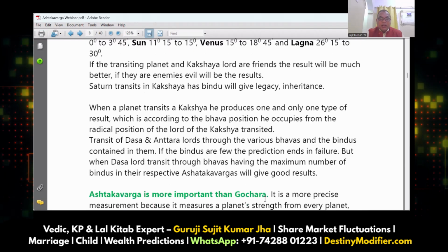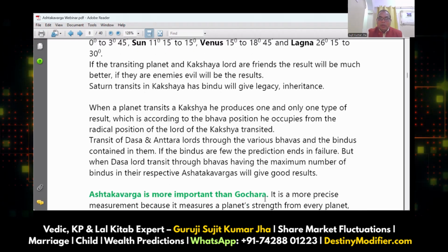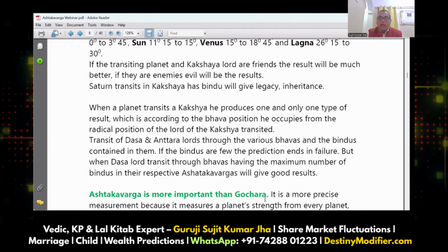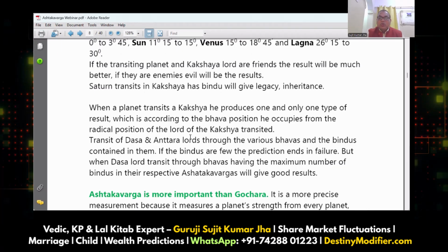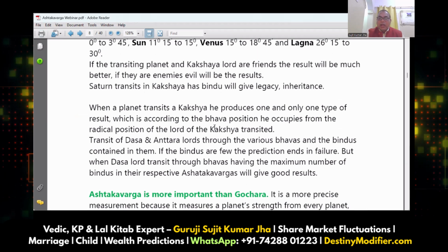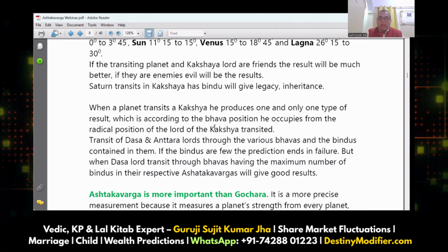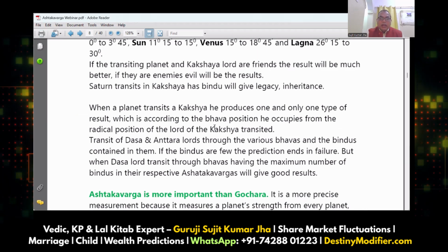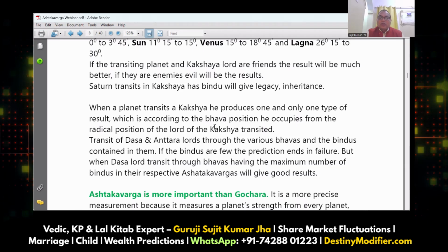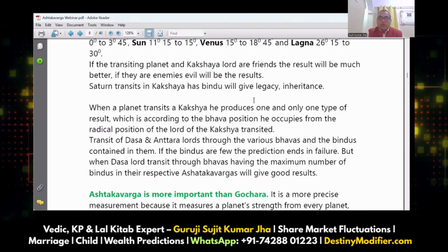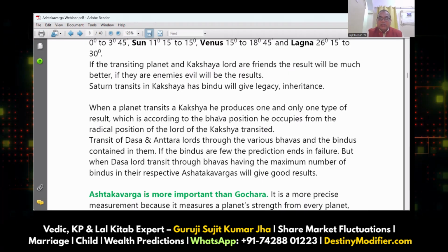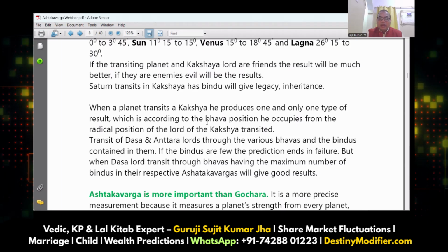So when a planet transits a kaksha, it produces one and only one type of result, which is according to the position the planet occupies from the radical position of the Lord of the kaksha transited. What does it mean? Suppose the Sun transits in Sagittarius sign in the kaksha of Saturn.